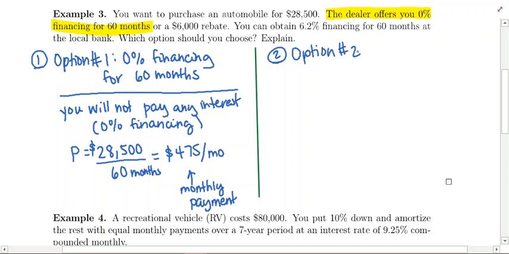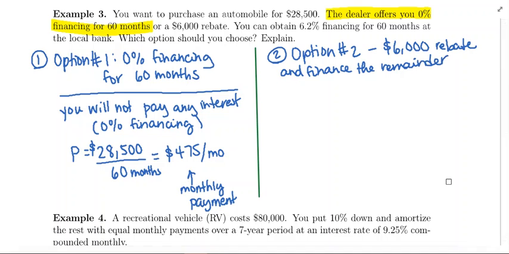What's going on here, you're going to get a $6,000 rebate. And what that means is you get a $6,000 rebate, but you're also going to have to finance the remainder. So interest will be involved here. Let's do some highlighting here.